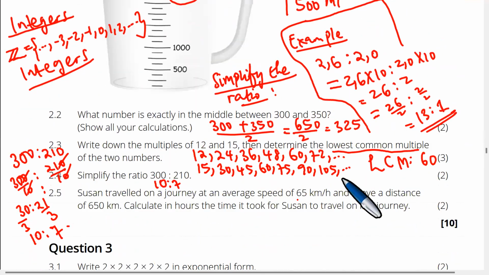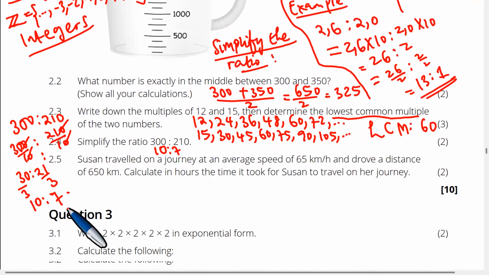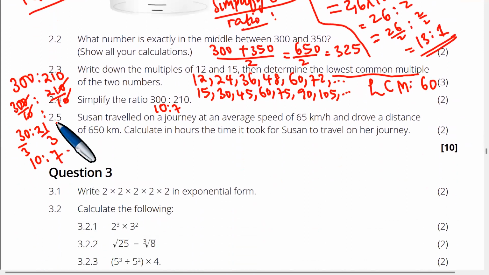Next point. The next story is about Susan. 2.5. Susan traveled on a journey at an average speed of 65 kilometers per hour and drove a distance of 650 kilometers. Calculate in hours the time it took for Susan to travel on her journey. 2 marks. I'm giving you like 2 minutes.